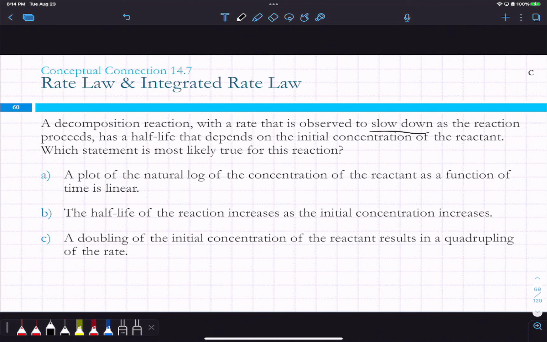Well, yeah, but why does it quadruple though? What is it about this reaction? It's a second order reaction. Because the rate's slowing down as the reaction proceeds. So as the concentration of the reactants decreases, it slows down, means it's a second order. So yeah, then it's going to be C.